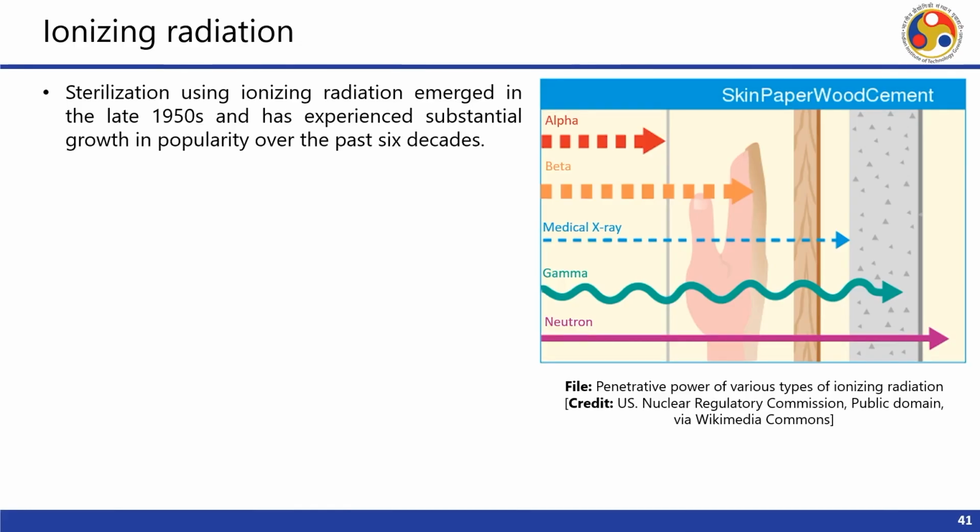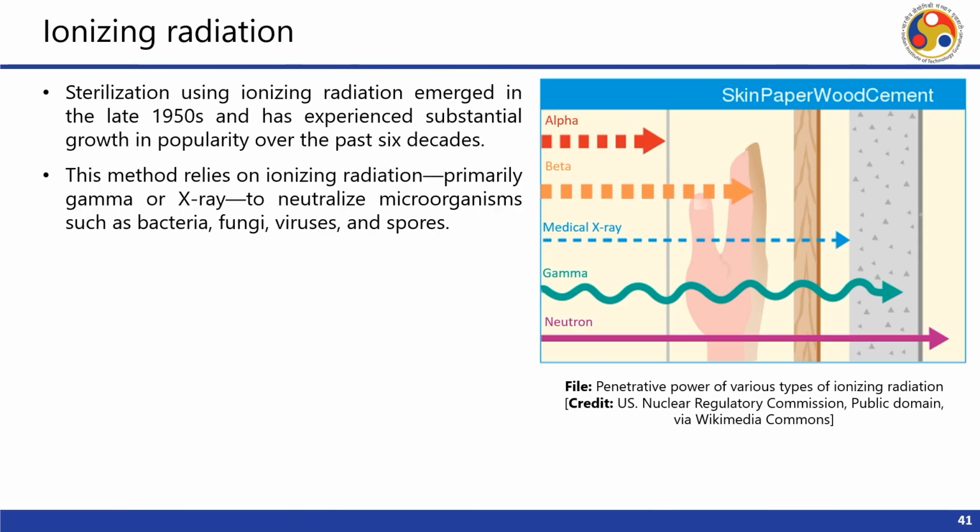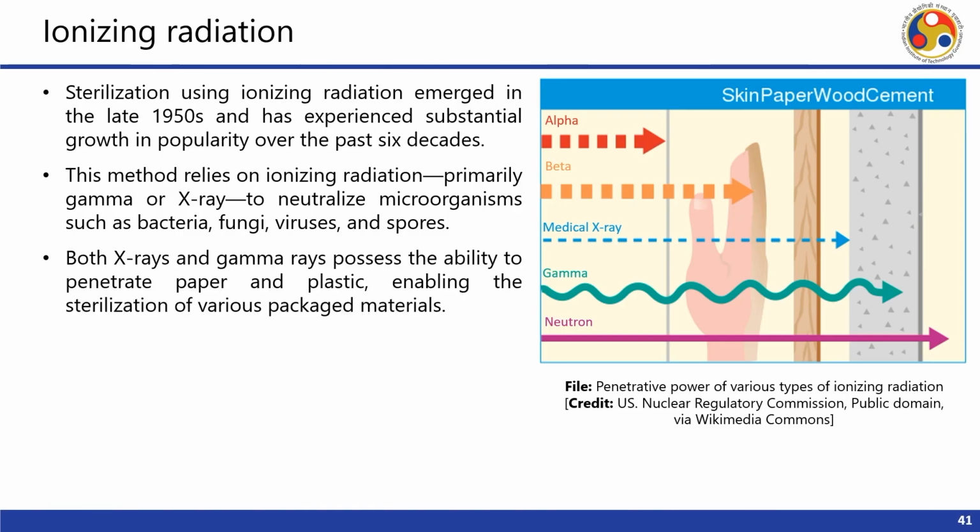Sterilization using ionizing radiation emerged in the 1950s and has experienced substantial growth in popularity over the past 6 decades. This method relies on ionizing radiation, primarily gamma or X-ray, to neutralize microorganisms such as bacteria, fungi, viruses and spores.